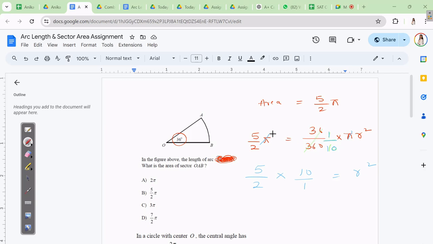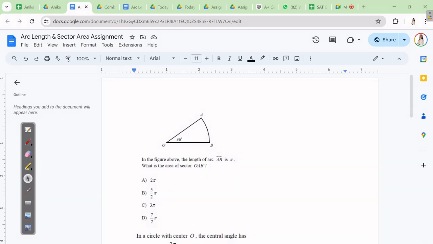I multiplied both the sides by 10. This times 10 and this times 10. So from the right hand side 10 gets cancelled. Now this gets cancelled. So 5 times 5, 25 is equal to r square. r is equal to 5. That's how you get your radius, and then you can find out the arc length. Okay? So the question can be given in any form.